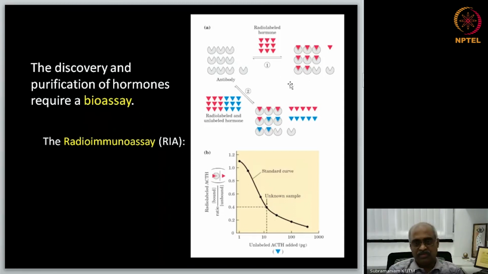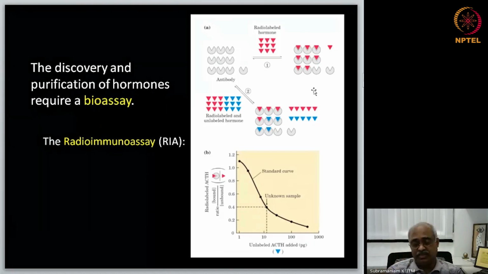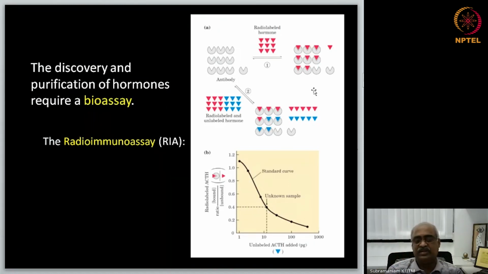Bound and free can be separated because the antibody is a very big molecule compared to the hormone. The antibodies can be made into a bigger complex using a secondary antibody, or they can be covalently attached to a solid substrate. The main point is that the bound and the unbound can be readily separated.